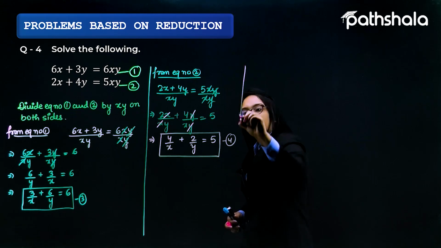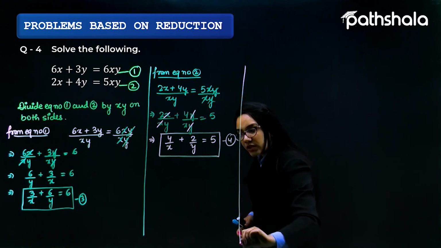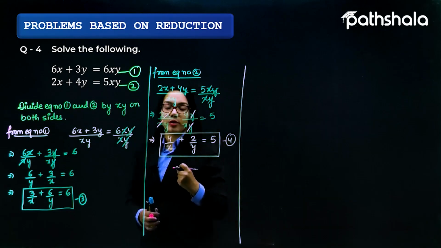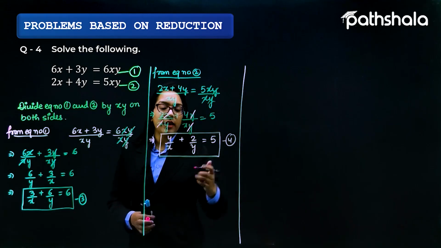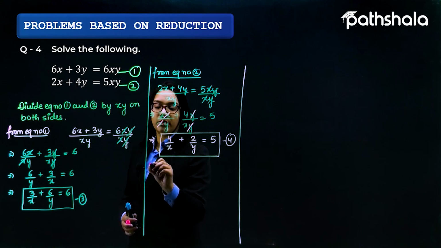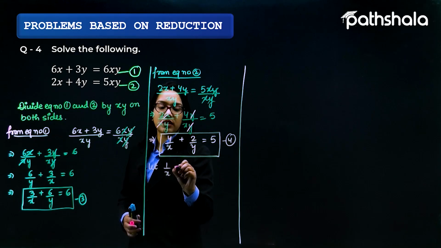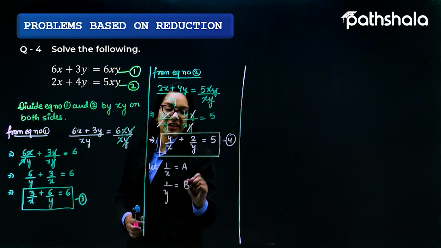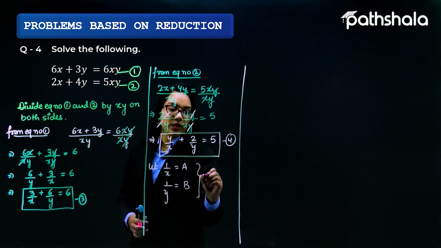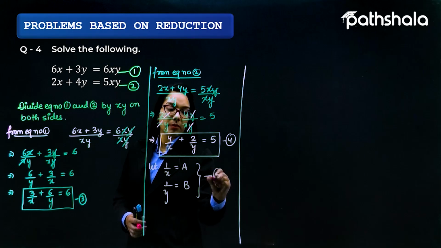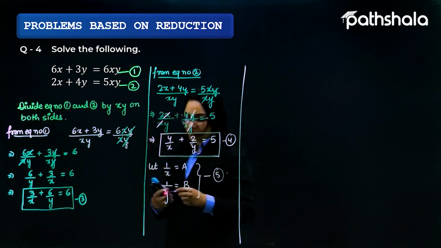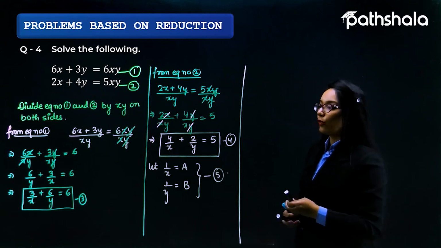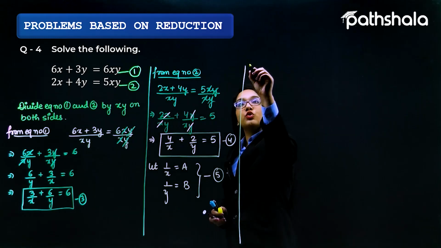Now again we have to solve the equation number 3rd and 4th, but before solving it, we have to substitute 1 by x and 1 by y as capital A and capital B. So let 1 by x is equal to capital A, 1 by y is equal to capital B, and I am calling this equation number 5. Now using the equation number 5, we can transform the equation number 3rd and 4th.